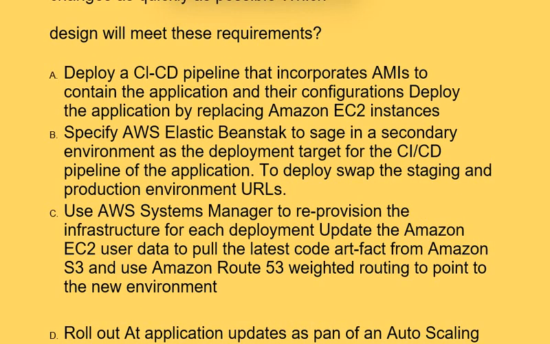Option C. Use AWS Systems Manager to reprovision the infrastructure for each deployment. Update the Amazon EC2 user data to pull the latest code artifact from Amazon S3 and use Amazon Route 53 weighted routing to point to the new environment.